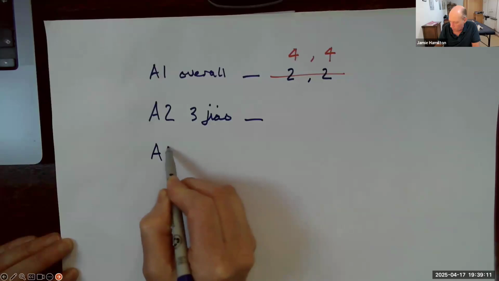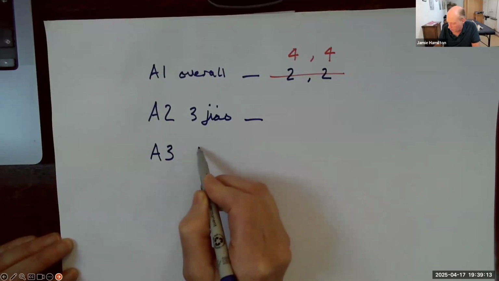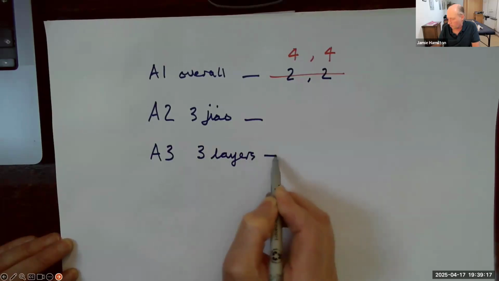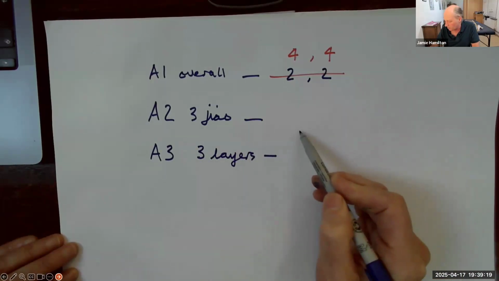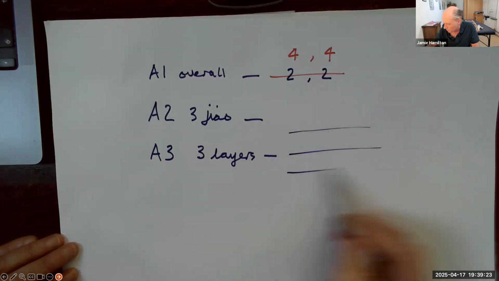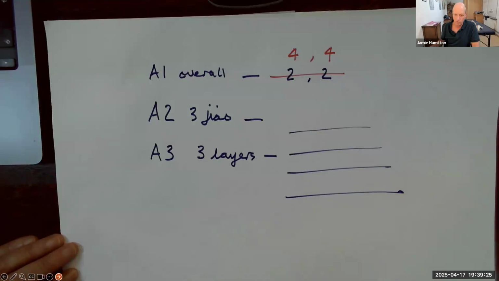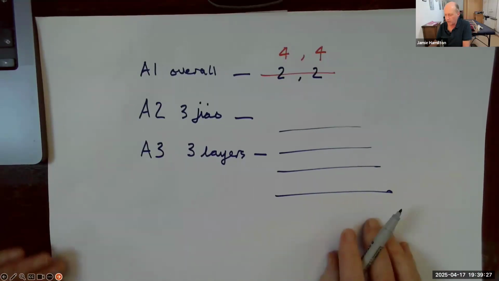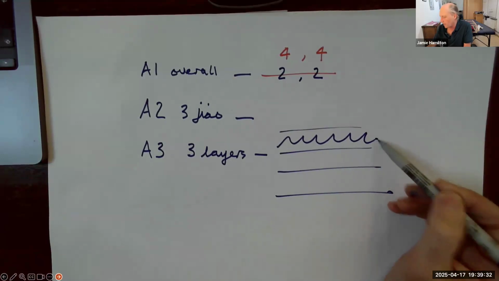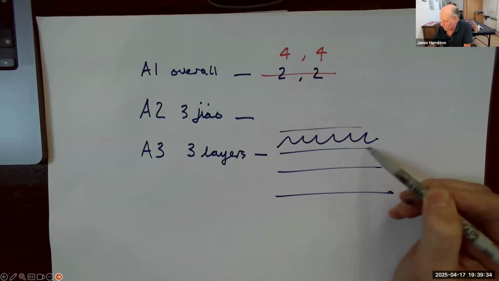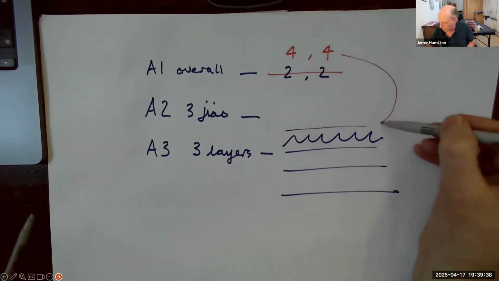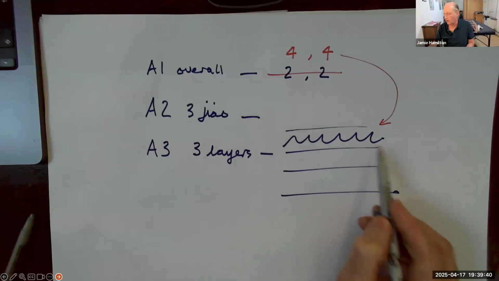When you come to the 3 layers of A3, you found that the upper layer was, okay, this is not what you would write, but just to explain it, the upper layer was full. So this fullness of the 4 was actually because of this floating upper layer.